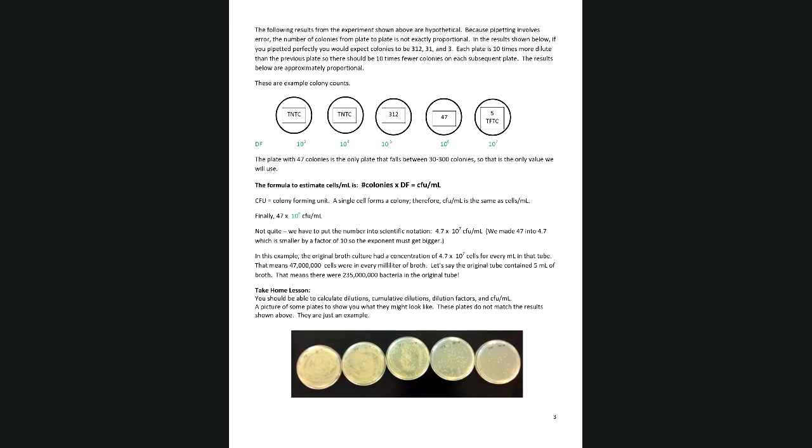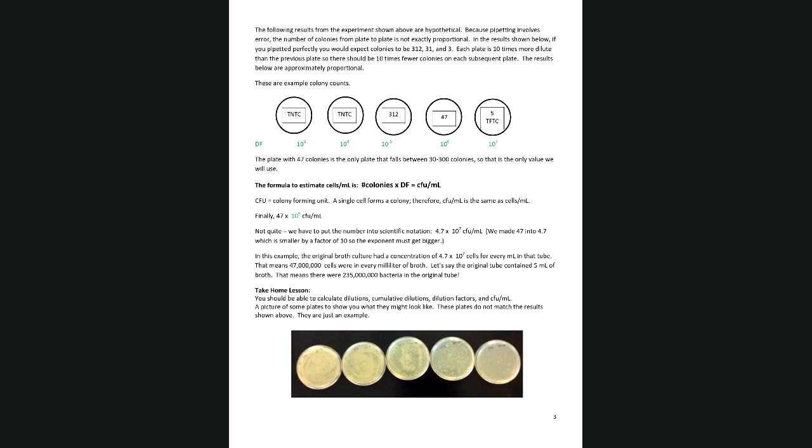So again, in order to estimate the number of CFUs per milliliter, and a CFU is a colony forming unit, and we know that a colony is produced by a single cell, it's the same thing as cells per milliliter in most cases. So we take 47, multiply it by the dilution factor, and boom, right?